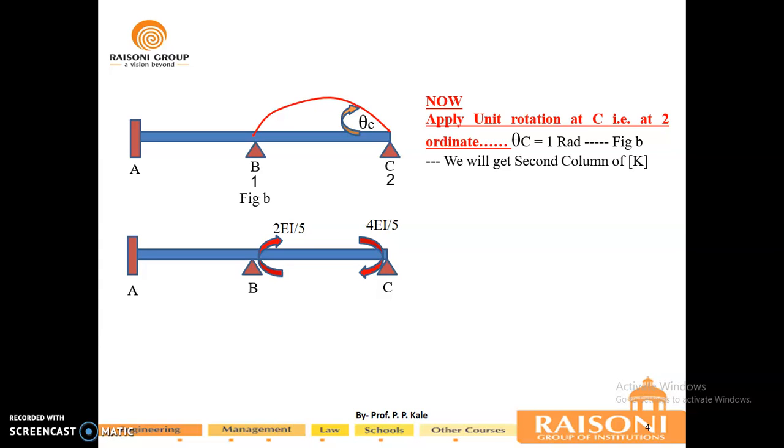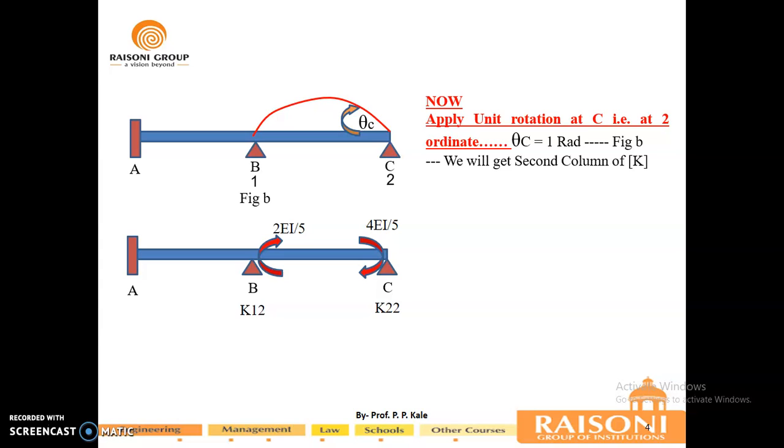Since both moments are generated in the BC span, L will be 5 meters. So we will get the k12 and k22 elements over here. K12 represents the force parameter at 1 due to the unit rotation applied at 2.